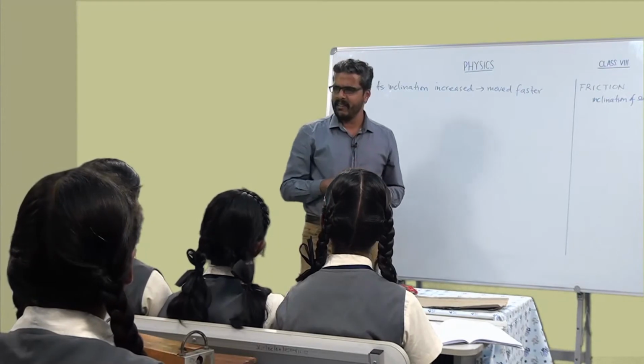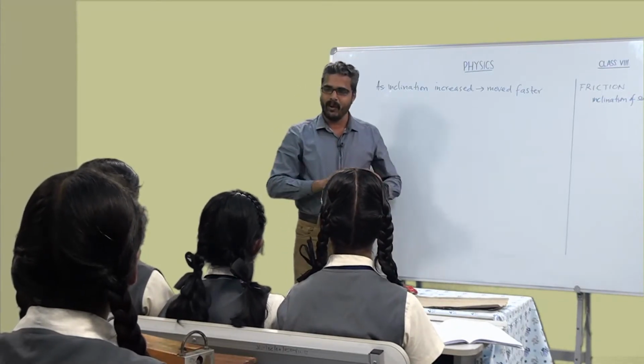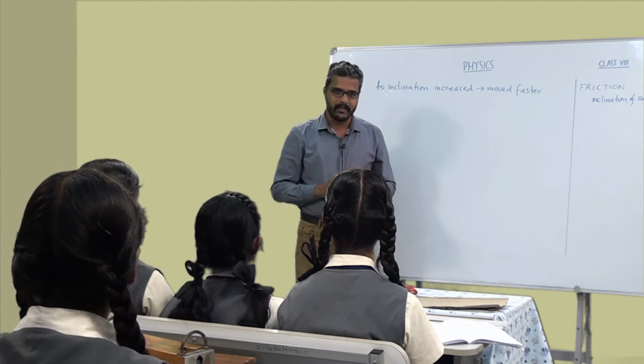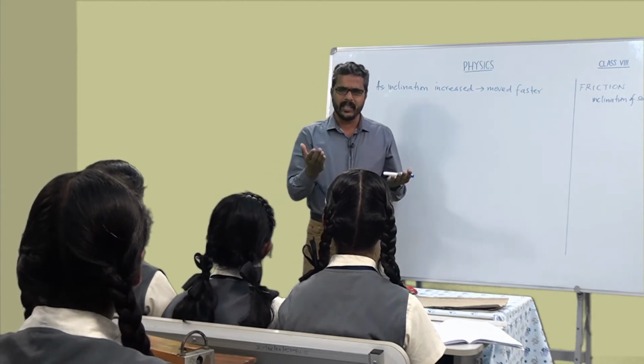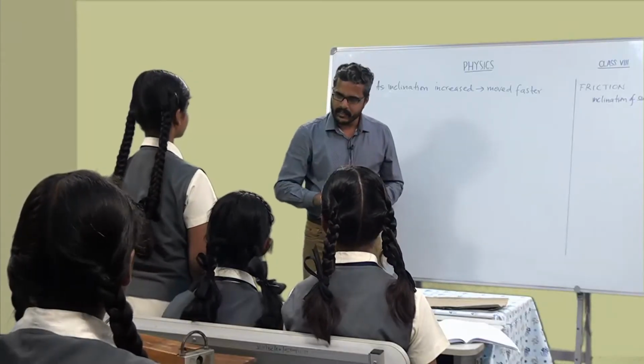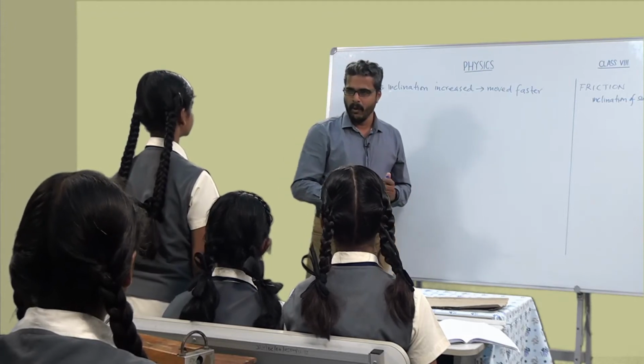So in the beginning you told, on the watery surface you will slip, on the oil surface you will slip. So what is the difference between these two? Which will have more slippery? Kushi, give the answer. Sir, I think on oily surface, the object moves faster. The slippery will be more, right?